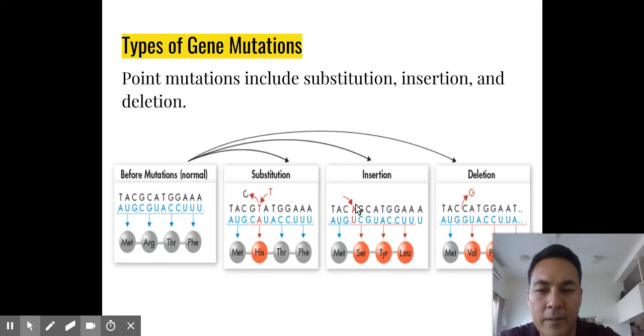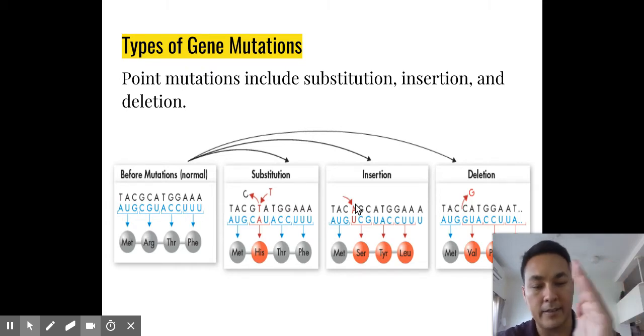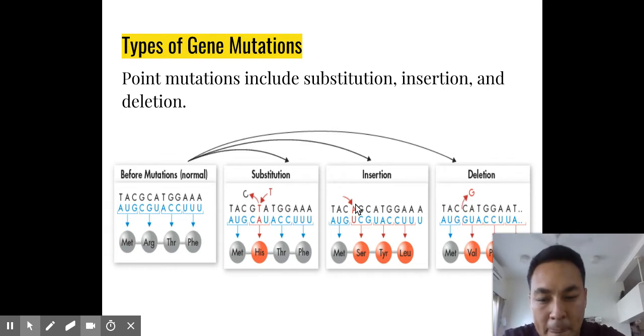If we do an insertion and insert a letter before cat, so maybe we make it the fat zaka, we insert a Z, so that'd be zaka, and then the next part would start with T, and it would just be a whole messed up sentence. So check out your notes on that one. But that's called an insertion or a frameshift mutation. Same thing with a deletion. If we delete a letter, everything's going to shift over.